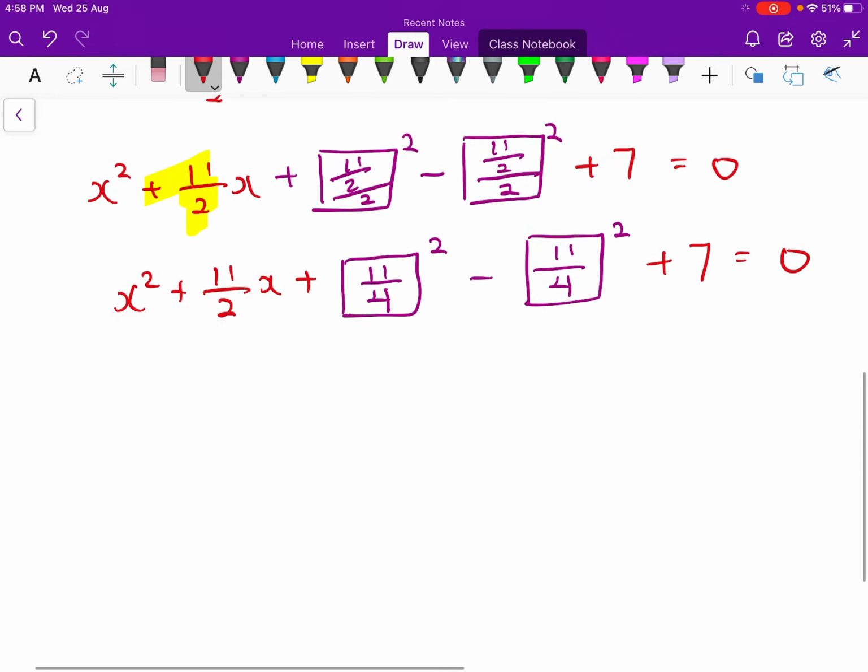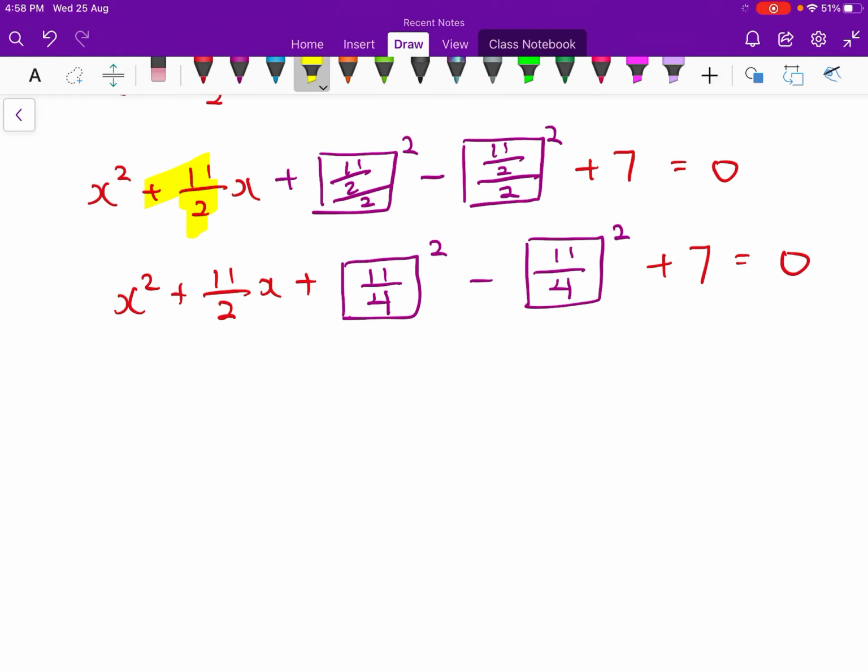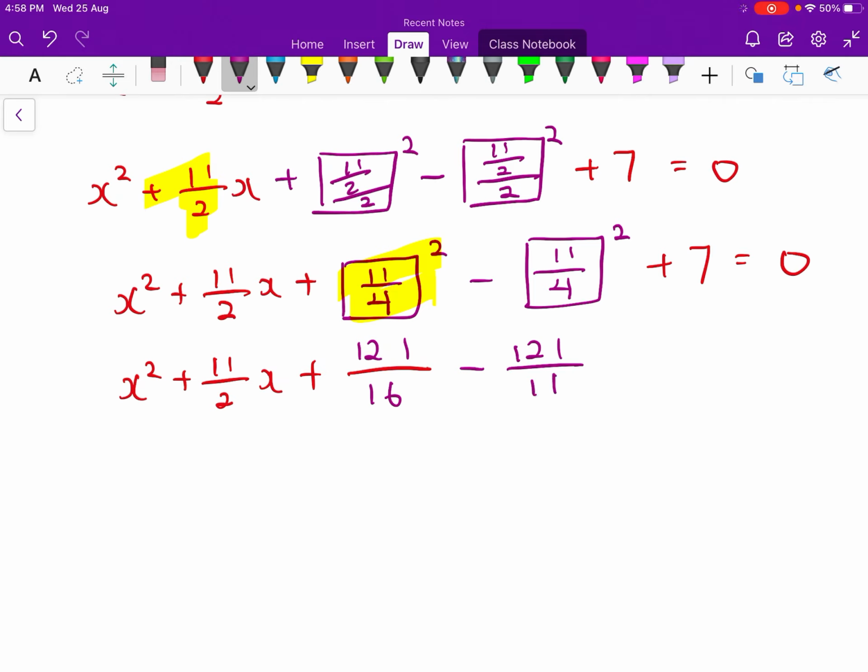So this box, 11 over 4 squared, you just use a calculator to help you calculate. So x squared plus 11 over 2x plus 121 over 16, minus 121 over 16, then you plus a 7.